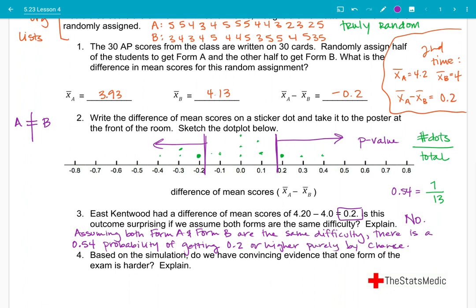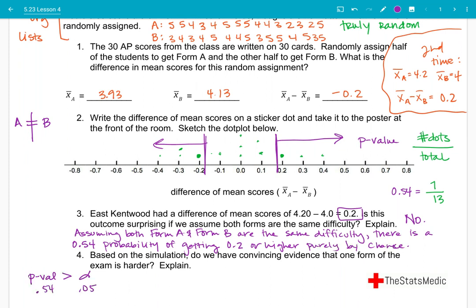Okay, so this result is not surprising. We can answer question number 4 at this point. More than 5% because our p-value is larger than a significance level of 5% by a lot.